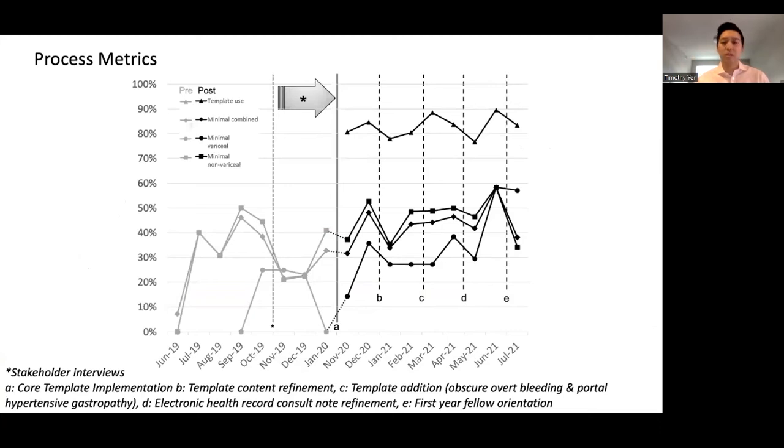And this is just a diagram showing how the process metrics change over time. That very top line shows the high utilization of the templates, around 80% throughout those 9 months after intervention. The main intervention was this larger, thicker line in the middle, labeled A, and then there were some other iterative improvements afterwards to do with consult notes, content, etc. Overall, there were some improvements in the completion of this minimal standard report.